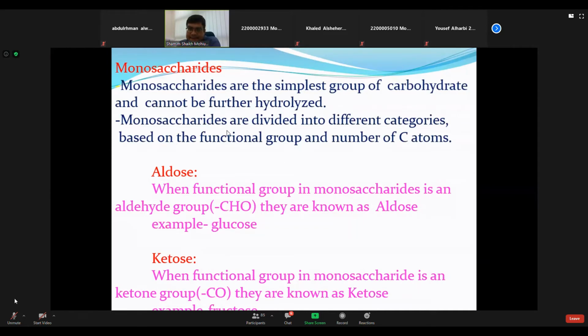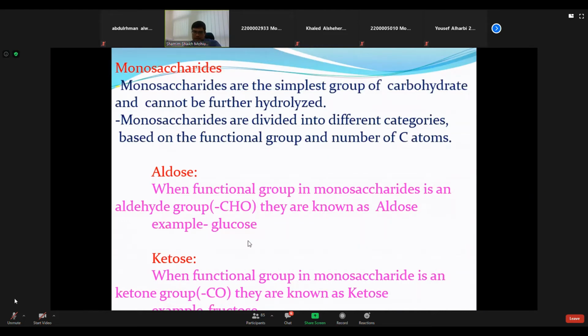And it is divided into different categories based on the functional groups and number of carbon atoms. So monosaccharide may be aldose or ketose. When the functional group in the monosaccharide is an aldehyde group, it is called an aldose.